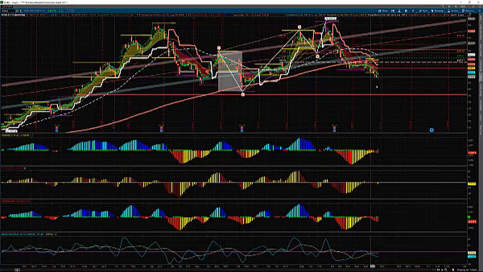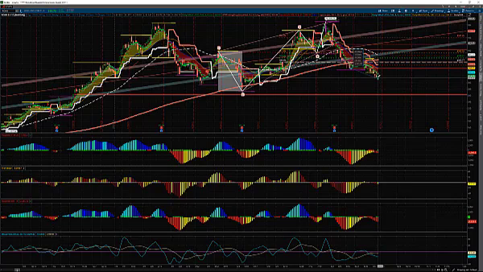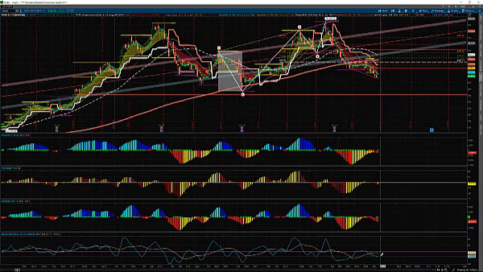And then we've dropped down even further by another 10%, but the MACD is up a lot higher. And that is a divergence, meaning the indicator is not matching the price action.